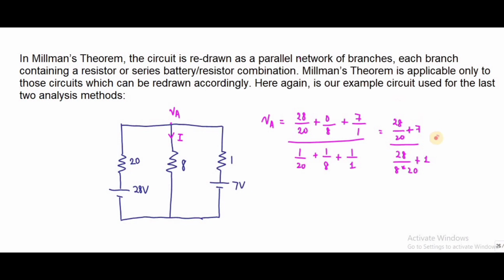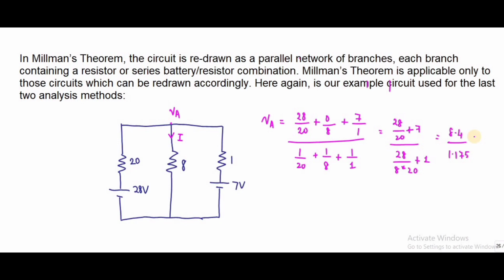The denominator, 1 divided by 20 plus 1 divided by 8 plus 1, is 1.175.